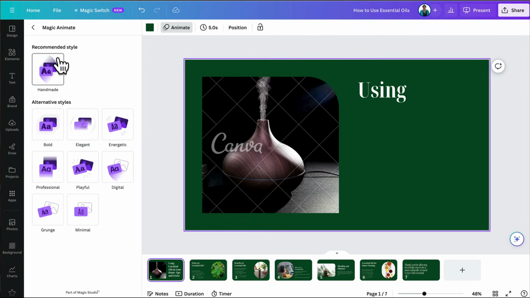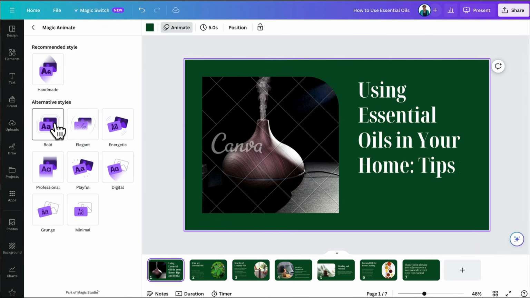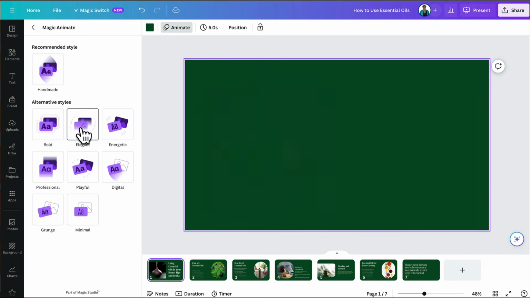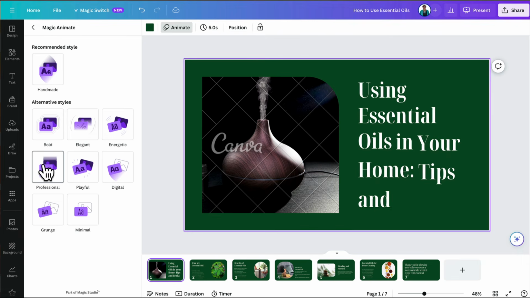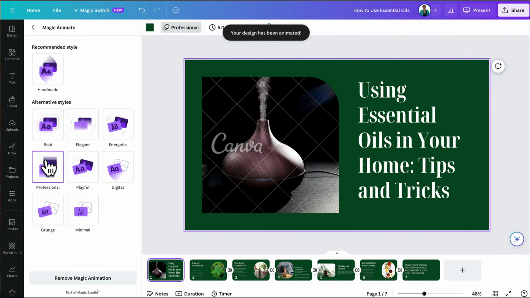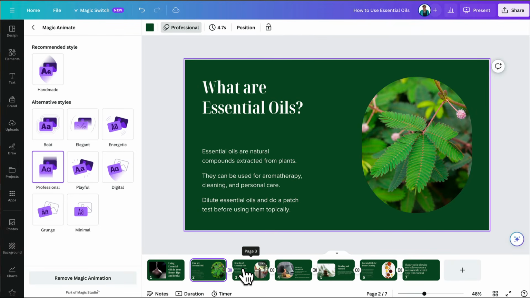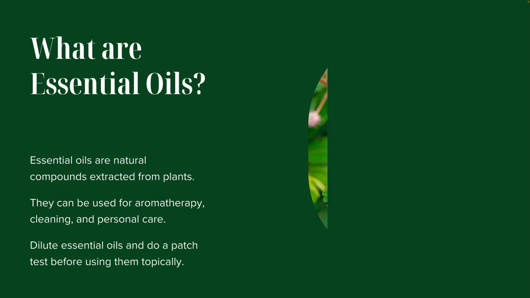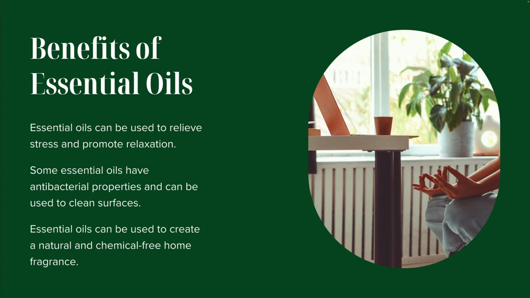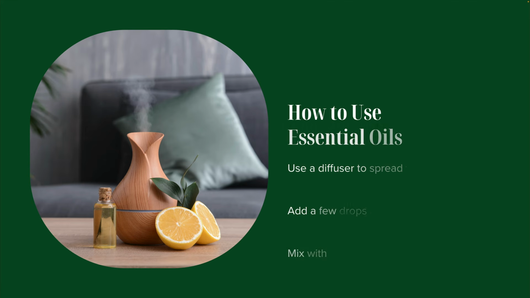This automatically adds whole page animations and transitions to my entire presentation, and I can go through and preview the different styles it suggests. I'm going to choose professional, and then all I have to do is preview or present it just to see how it looks. As you can see, it's quite impressive that Magic Animate does all of this in one click.